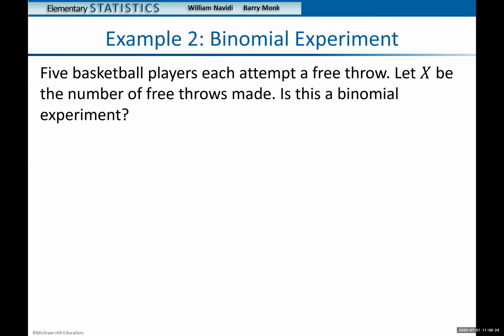How about number 2? 5 basketball players each attempt a free throw. Let x be the number of free throws made. Is this a binomial experiment? What do you think?